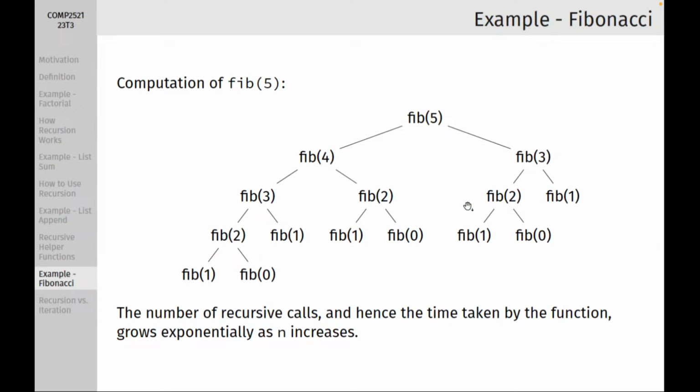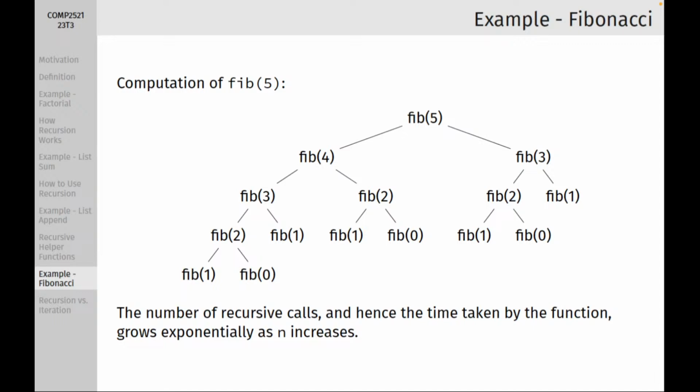You can imagine that if we try to find the next Fibonacci numbers like fib 6, fib 7, and we drew a tree of those function calls, we would get an even bigger tree with more repetitions in it. So the function is repeating a lot of computation, but it shouldn't need to, because once you've computed fib 3 once, you shouldn't need to compute it again.